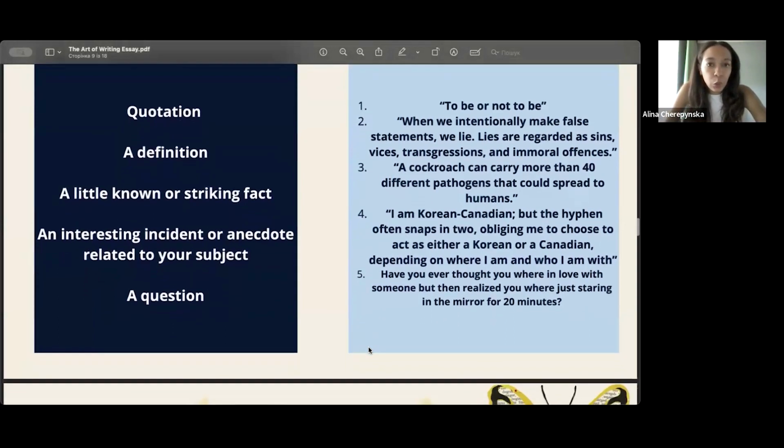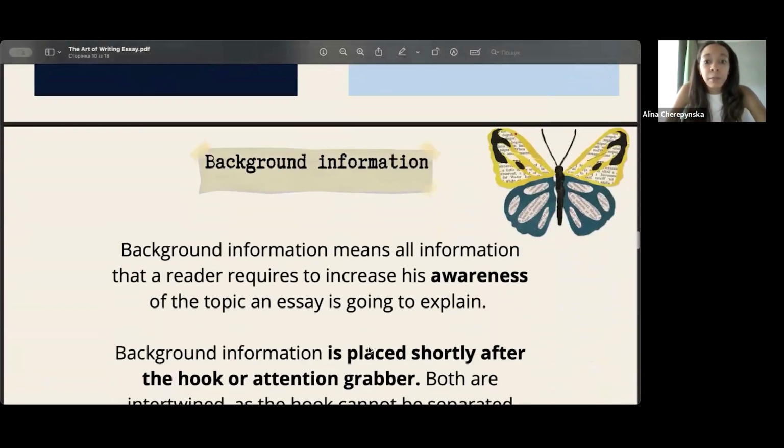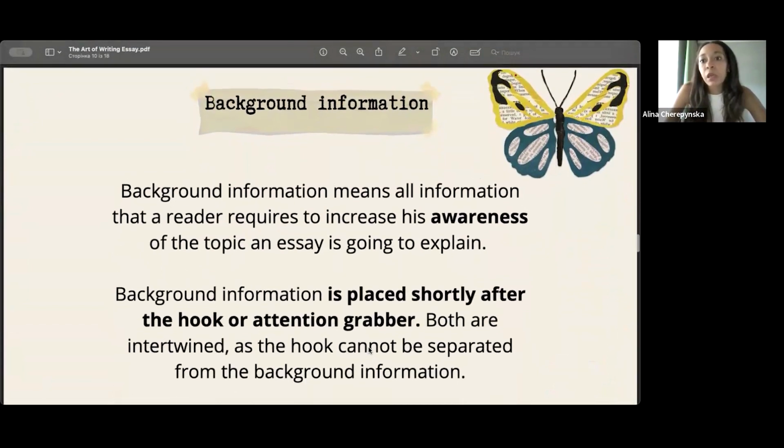After creating a hook, you need to create background information. So let's refresh once again. Hook is usually 1 or 2 sentences. The next part is background information. Background information is usually from 3 to 5 sentences.